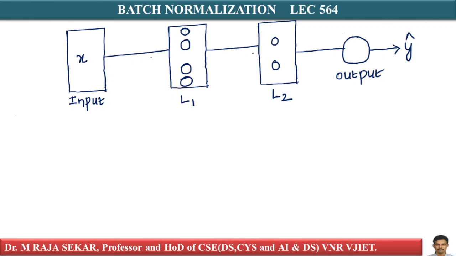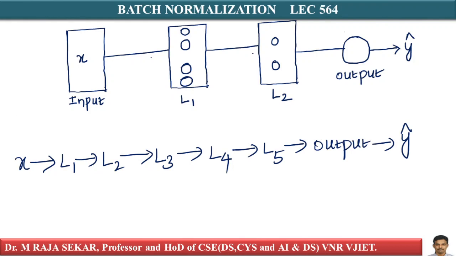Imagine we have a network which is very deep. Let me say this is my input x. Let me assume this is layer 1, this is layer 2, then layer 3, then layer 4, then layer 5, then the output layer, which generates Y cap.